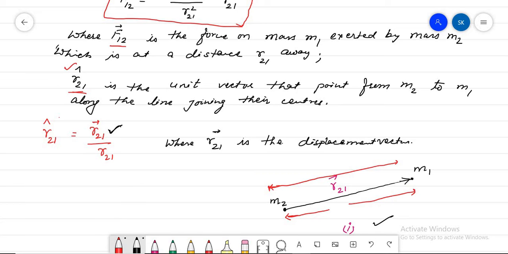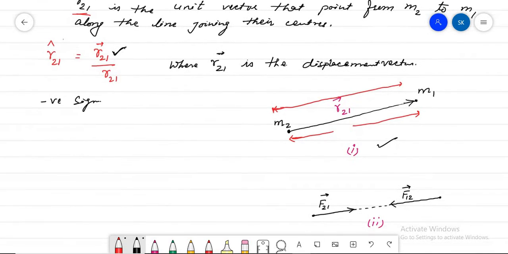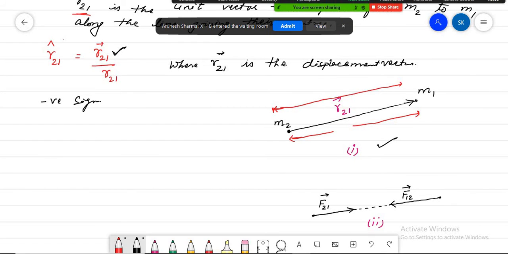And the negative sign is necessary. I'm mentioning here this negative sign in equation 1.